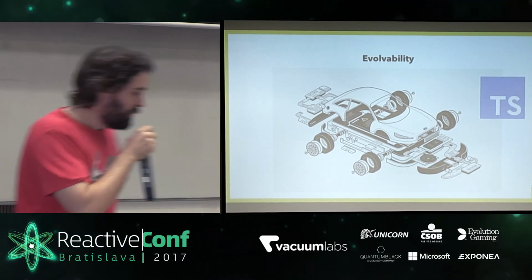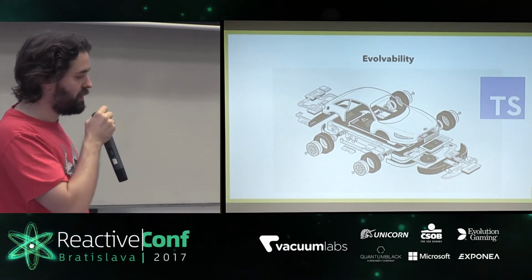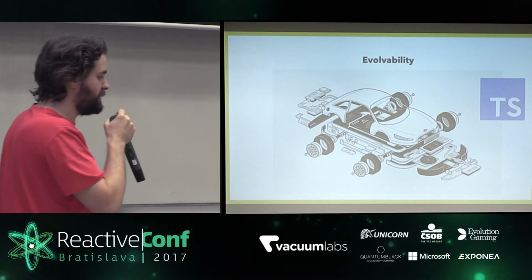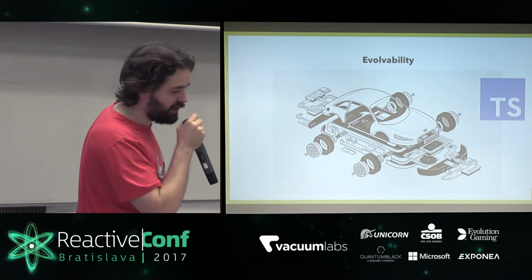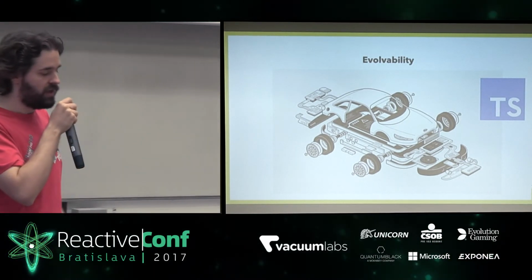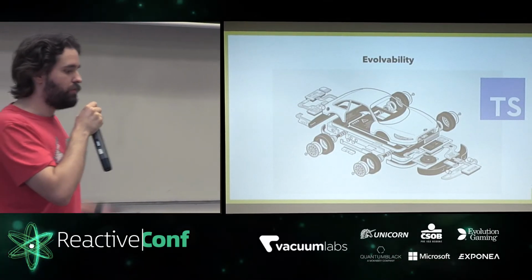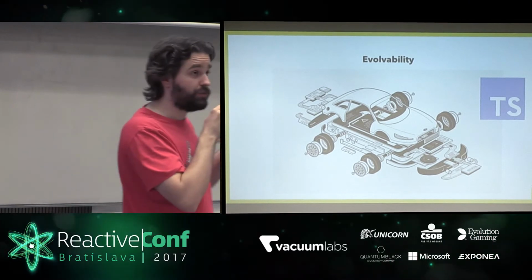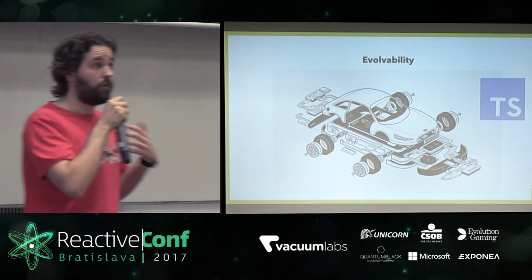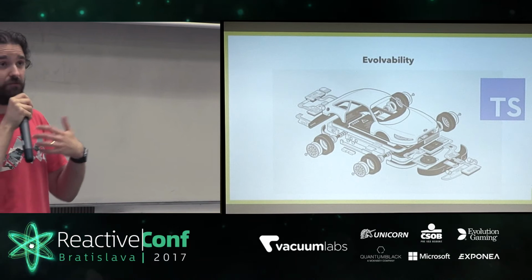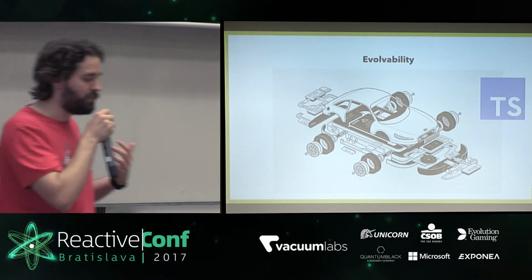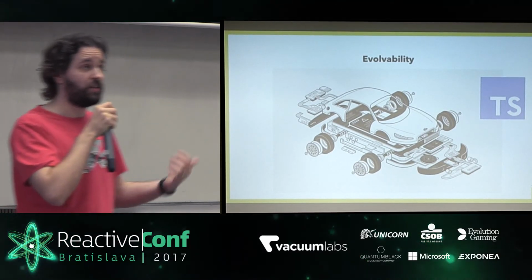And what helps a lot is having tools that actually guide you throughout the process. One of the tools that helps the team a lot, and those are words of my team members, is static typing.